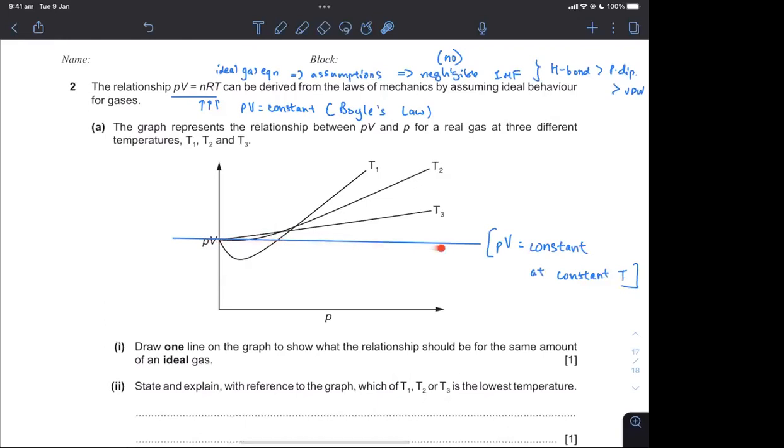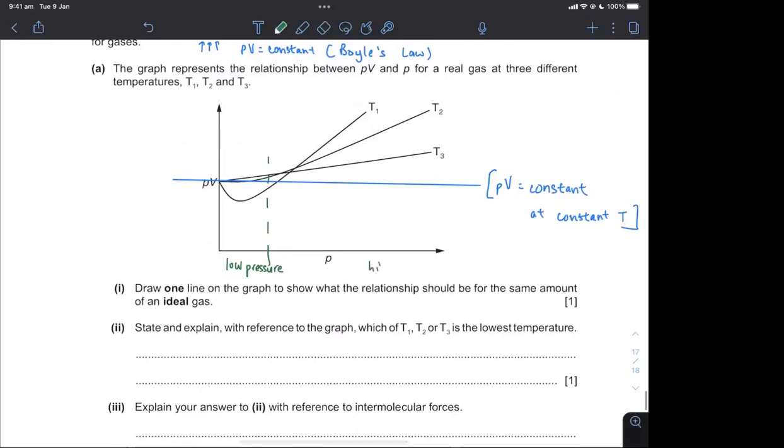It should be a constant, but look what happened at low pressure. So when you have low pressure, I think earlier I asked Isa or someone else. For ideal gas equations, the gas is most ideal at low pressure compared to at high pressure. So you can see greater deviation from the constant line here.